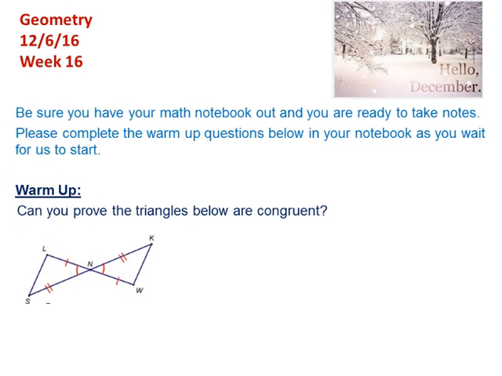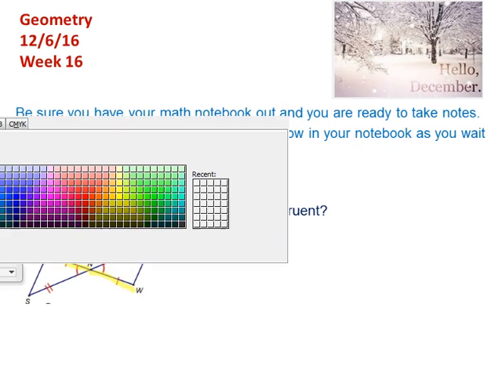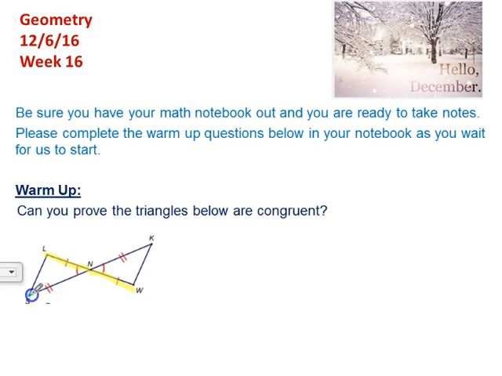All right, so there are several ticks on this triangle that tell us that some sides are congruent. So we've got side LN is congruent to side NW. We also have two ticks on SN, which lets us know that side SN is congruent to the side NK that also has two ticks.